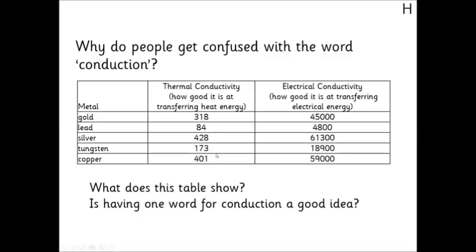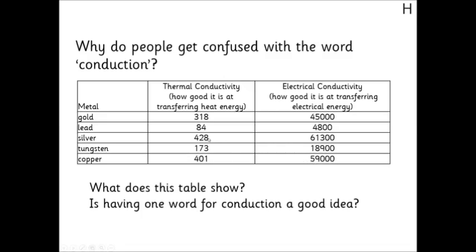And in this table you'll see, you might know that silver seems to be the best conductor. Copper is probably the next best conductor, and in terms of thermal conductivity, we've got 428 for silver, which is very good, and then the next one is copper, which is 401, so that fits.